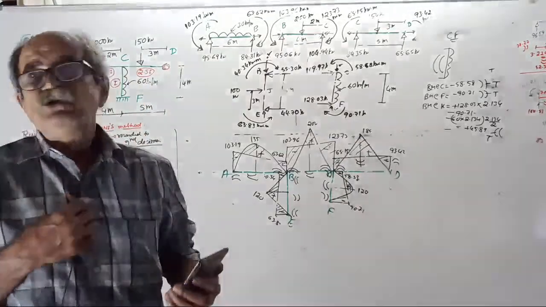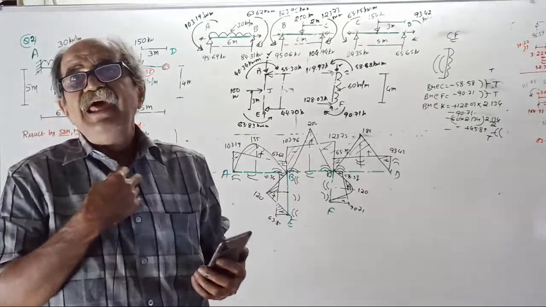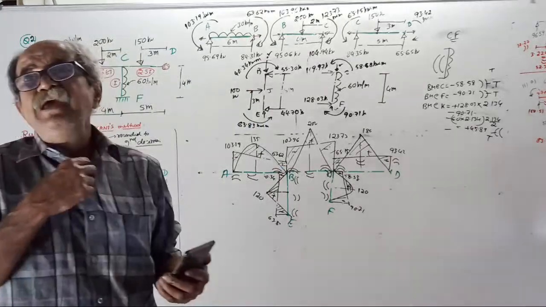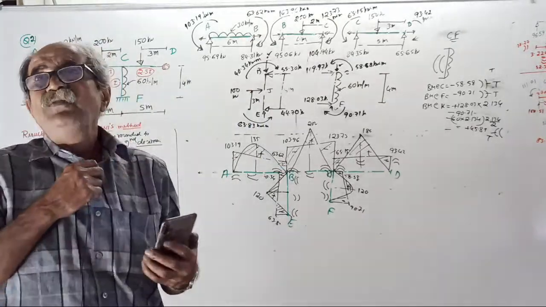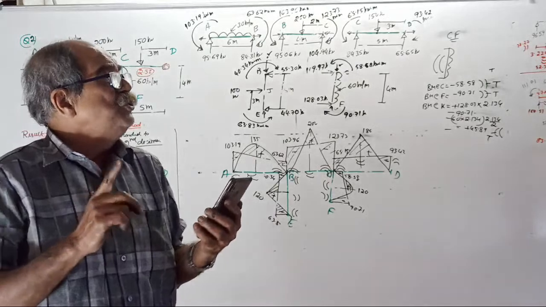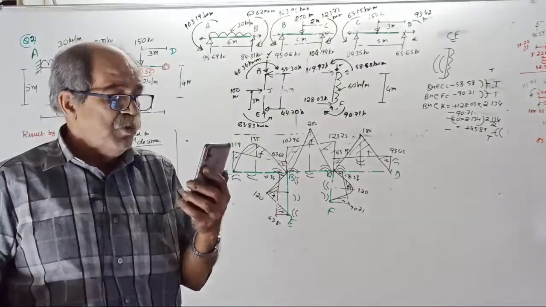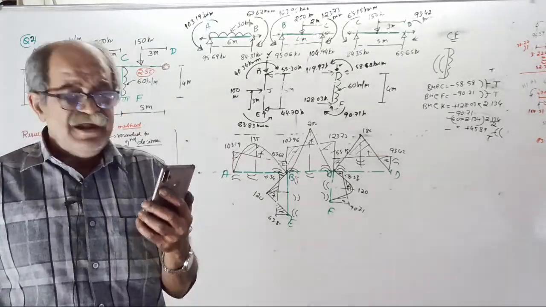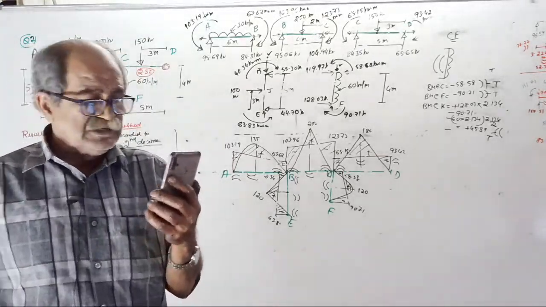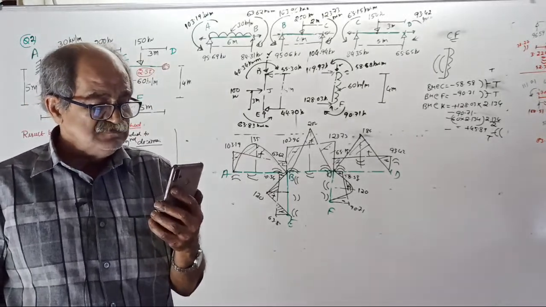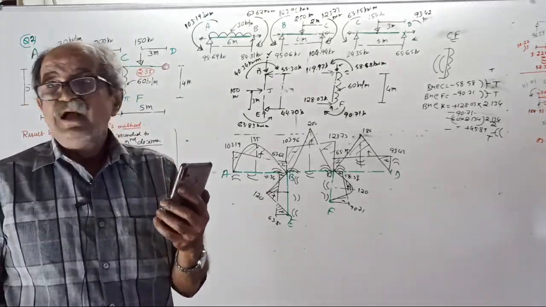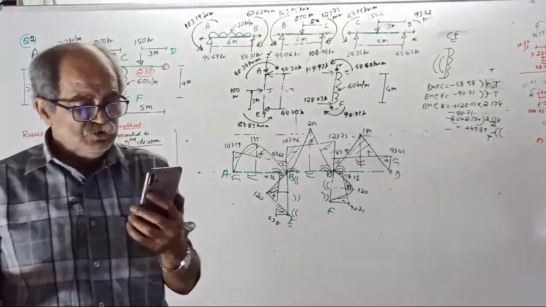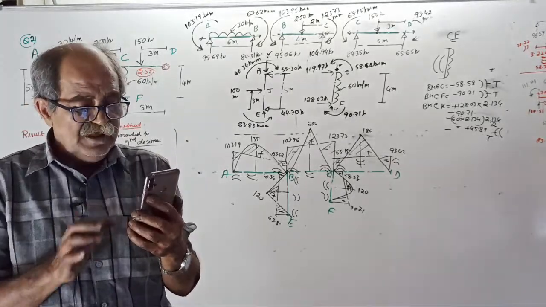Tomorrow we will meet. See, tomorrow's class will be again on YouTube. The day after tomorrow, we will go back to our original class on Zoom. We will solve the 2 questions by which method? MD method and Kani's method.